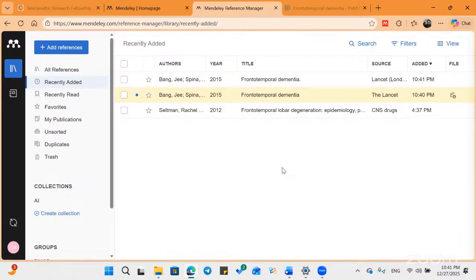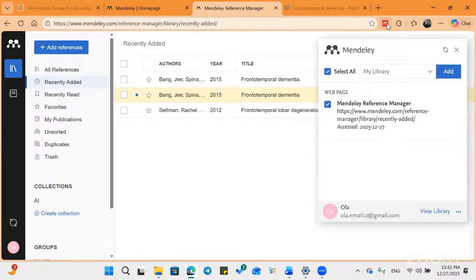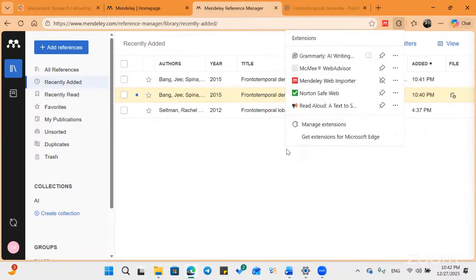Another incredible feature of Mendeley is, as you can see here in my browser, this is the Mendeley logo, which is a web importer that can be added as an extension for your browser. To add it, you need to go to extensions for Microsoft Edge here or whatever browser you have.